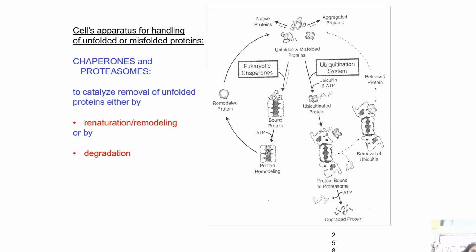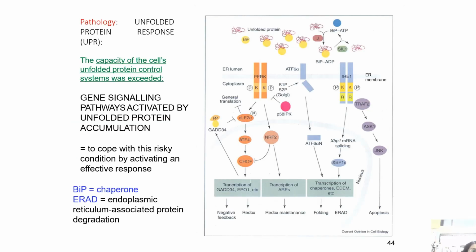So, the cell's apparatus for handling unfolded and misfolded proteins includes chaperones and proteasomes to catalyze removal of unfolded proteins by either refolding or degradation. Okay, so basically, the unfolded protein response, the UPR, is a very important mechanism performed by the cells.